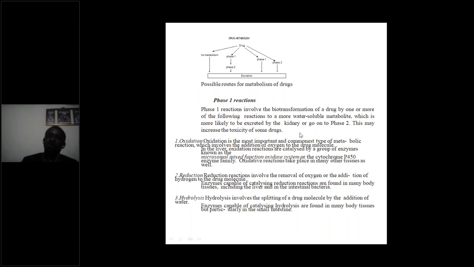For phase 1, it is a biotransformation process. In that biotransformation process, the intent is to make the drug a more water-soluble metabolite, so that it can easily be excreted from the kidney, or it will go through phase 2, broken down before it's excreted. As I mentioned earlier on, the body sees that drug. Maybe you are having malaria, you take artemether lumefantrine.